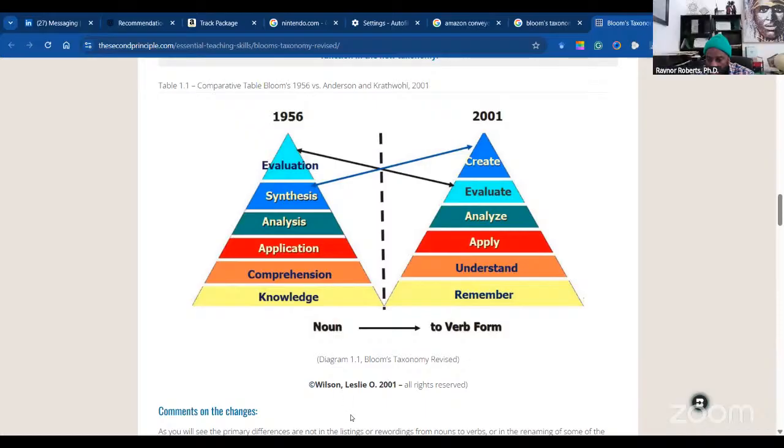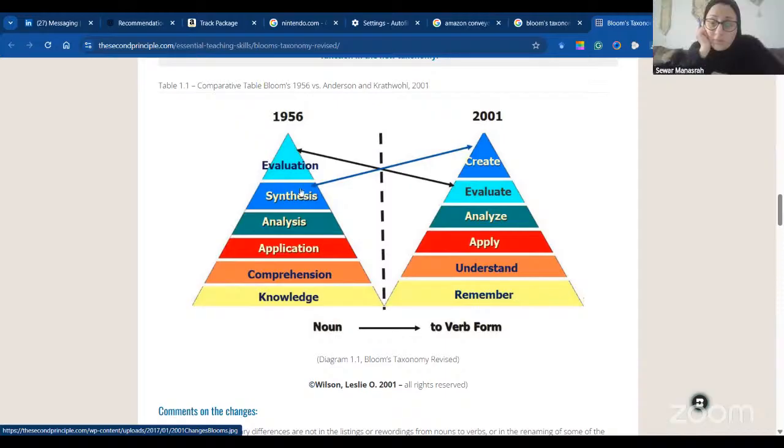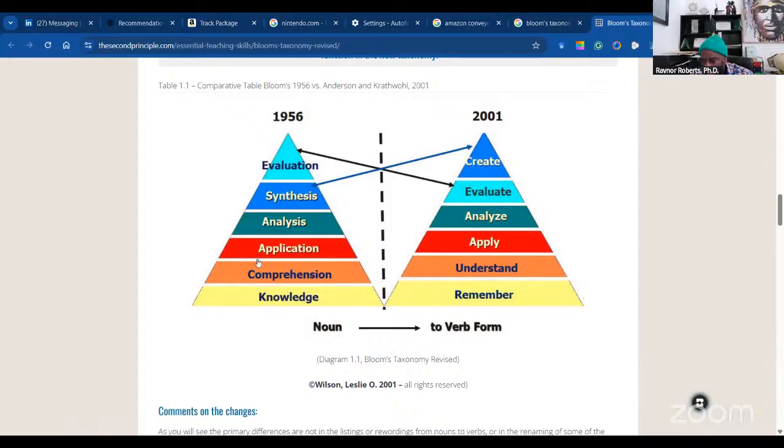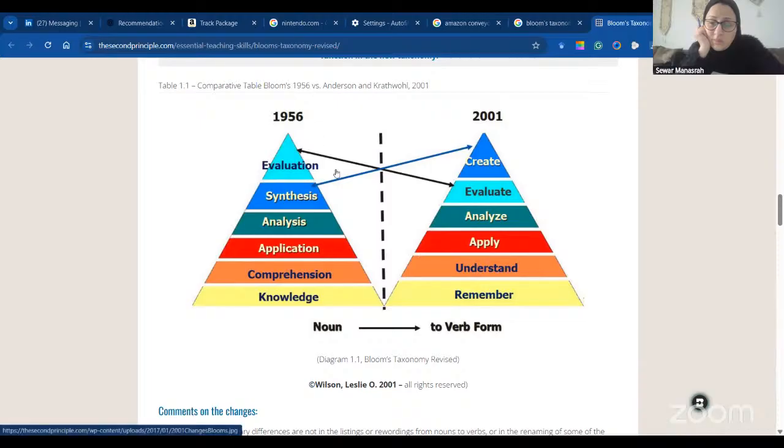It's important to understand that not just educators and schools use this taxonomy. Businesses use this taxonomy also, and businesses will more than likely have used the old one. They don't use the new one, because businesses know that evaluation is a higher skill than synthesis.